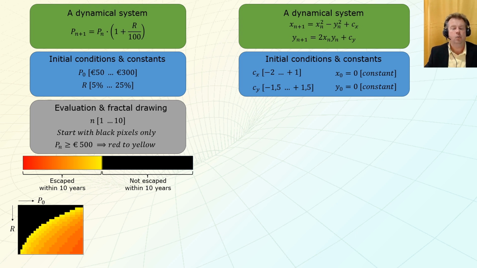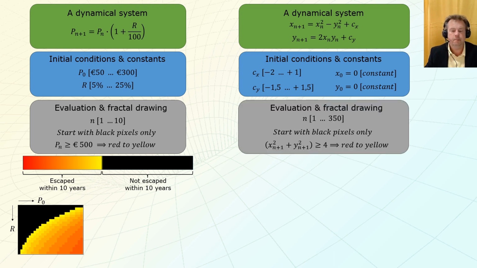Those two we are going to vary across the fractal. And the range for CX is usually -2 up to +1, and for CY -1.5 all the way up to 1.5. And when we start calculating, we need to put in X0 and Y0 as a starting position. Those will always be 0 in this case.